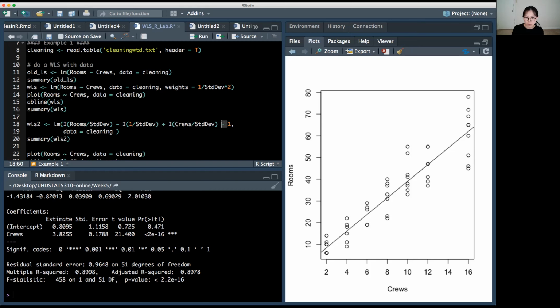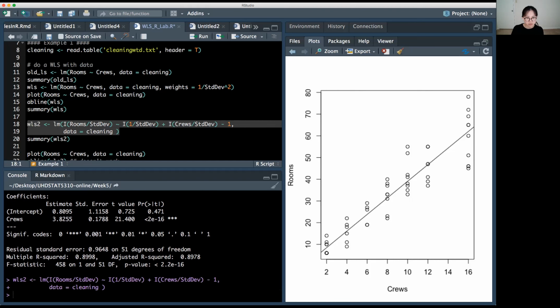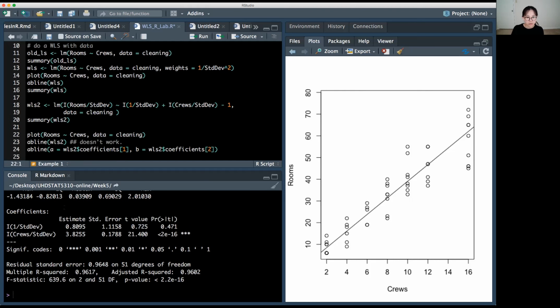If we do this regression and do the summary, you will notice we have the same estimate as before.